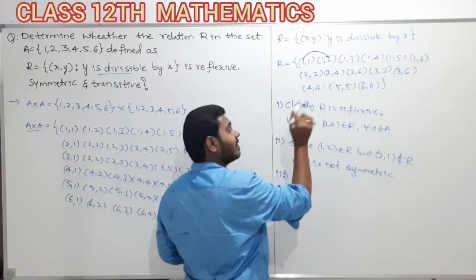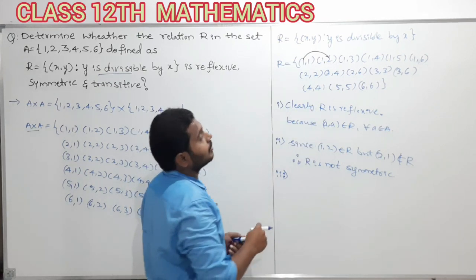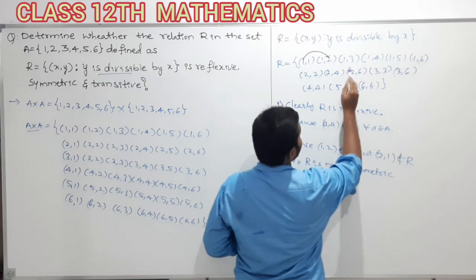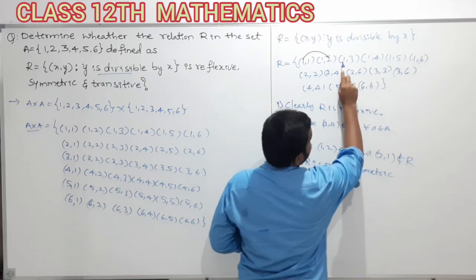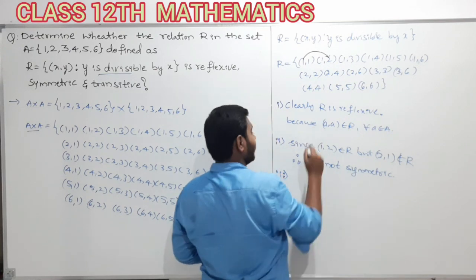So like this every element is there. You can check every ordered pair, my dear students. 1 comma 3 is there and next 3 comma 3. It means 1 comma 3, whether it is there? Yes, 1 comma 3 is there. Like this every element is there.